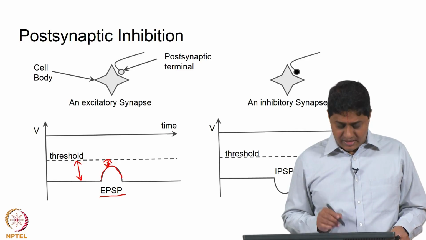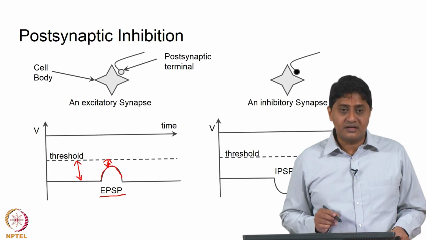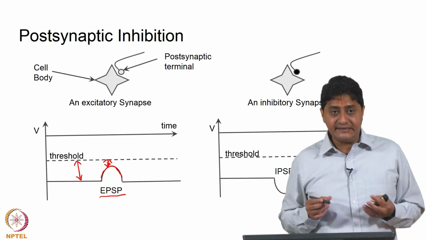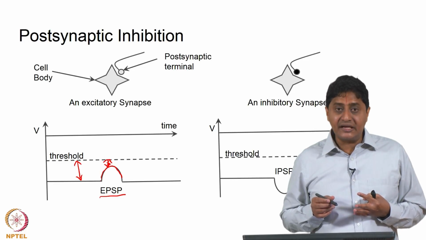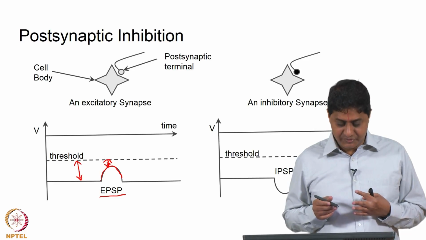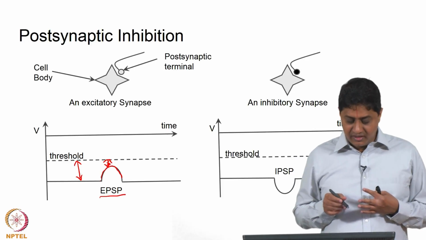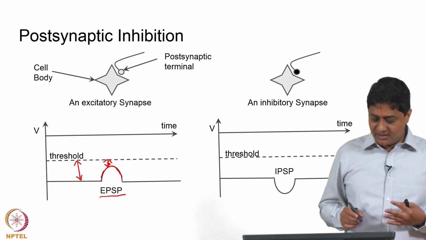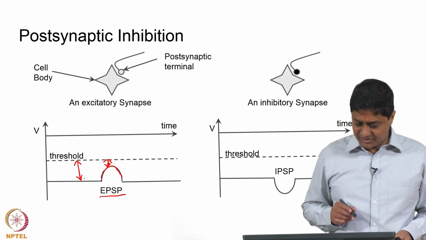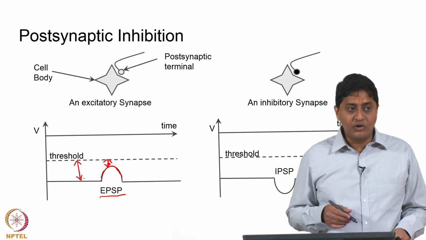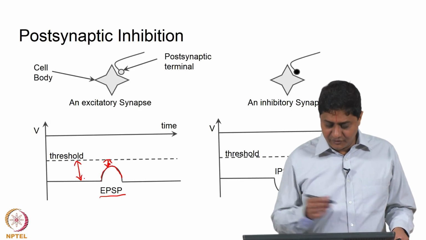The probability that this part of the membrane is going to be taken to threshold and an action potential caused in this part of the membrane is increased when an excitation happens. This is called an excitatory postsynaptic potential. We have seen how this could be achieved. We will review that in the next slide.